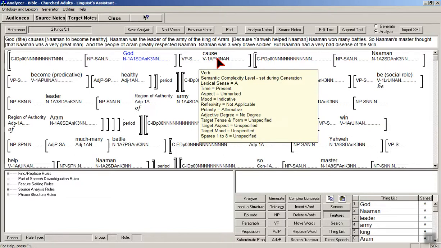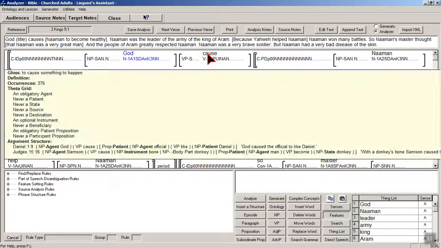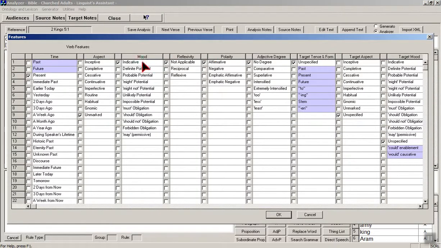Okay, so just to see some of the choices, let's click on this. I've already clicked on features. So we usually use present tense for titles. So there are some different choices here. The most common ones are discourse, which we use for just telling a story. Immediate future is something that's going to happen immediately.